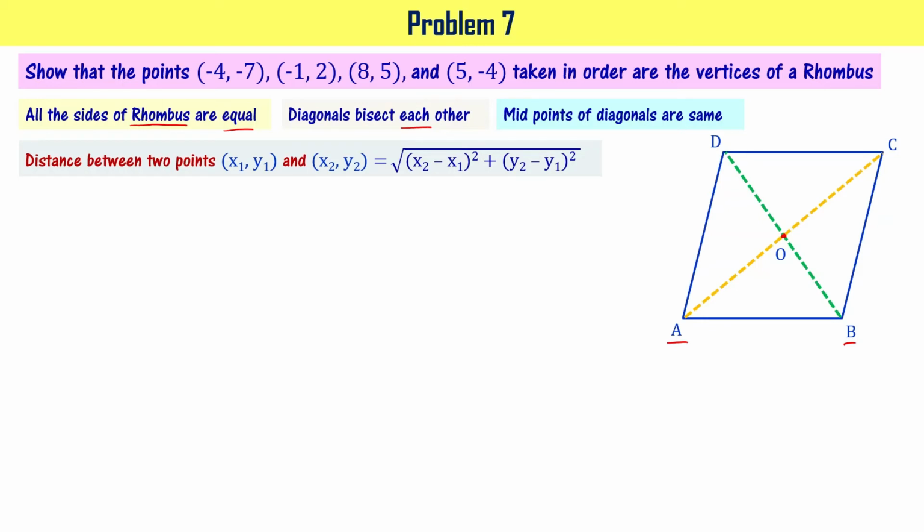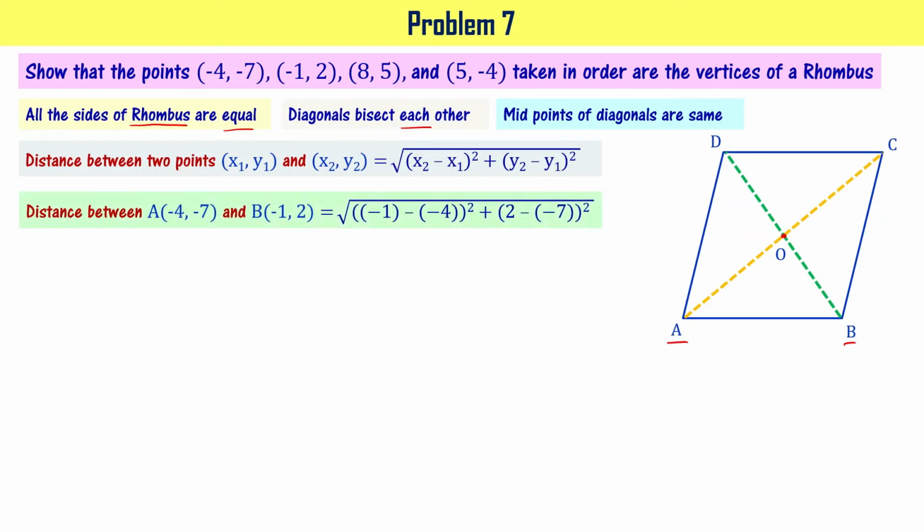Let me now consider the first 2 points A and B. That is, A is (-4, -7) and B is (-1, 2). The distance between them is the square root of (x2 minus x1) whole square plus (y2 minus y1) whole square. This is x1, y1 and x2, y2.